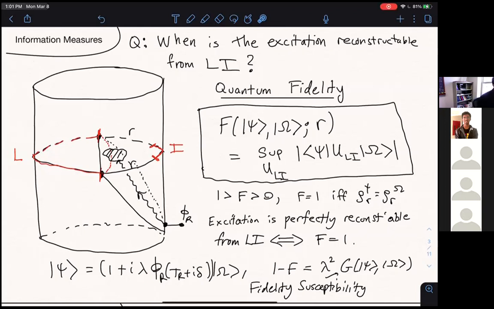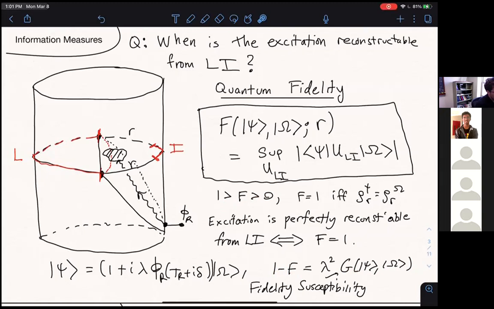What you find is that 1 minus the fidelity doesn't have a linear in lambda piece, because you could just change the sign of lambda and violate these bounds. But it has an order lambda squared piece, proportional to what's called the fidelity susceptibility of these 2 states. This quantity is more computable, and it's what we will compute.